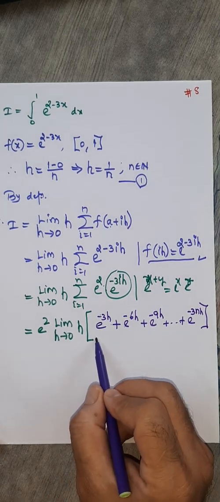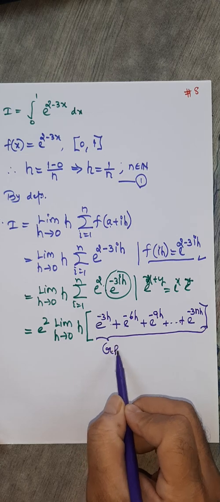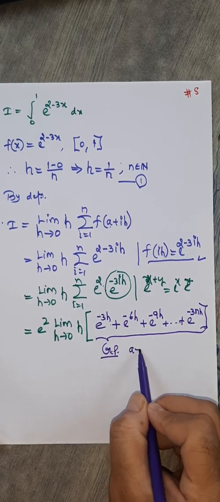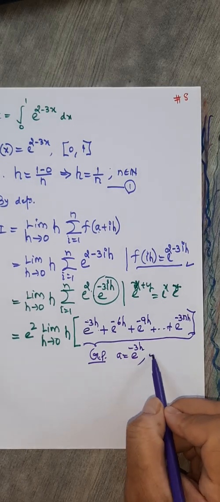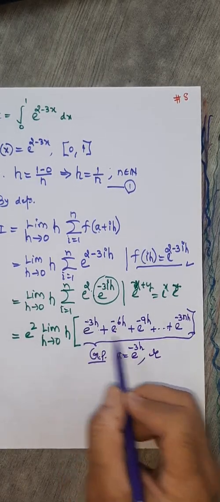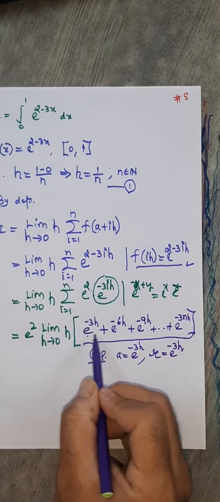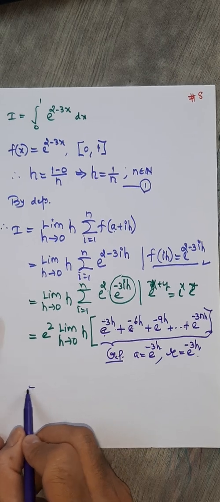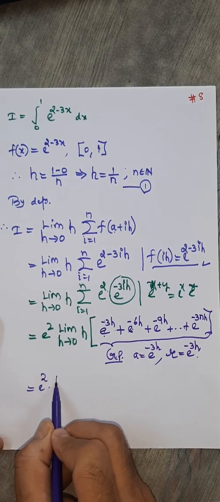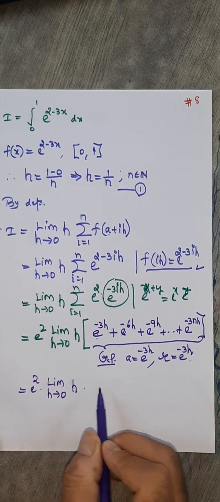Now we know this is a geometric progression where a is the first term, that is e raised to minus 3h, and r is the common ratio, second term upon first term, which is e raised to again minus 3h. So we use that summation formula, e squared as it is, limit h tends to 0, h as it is.